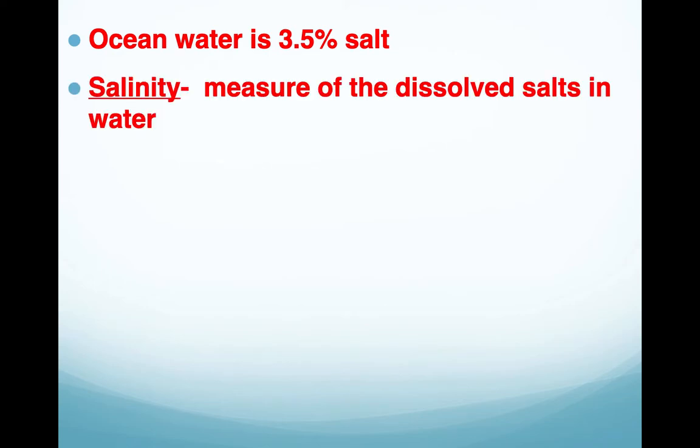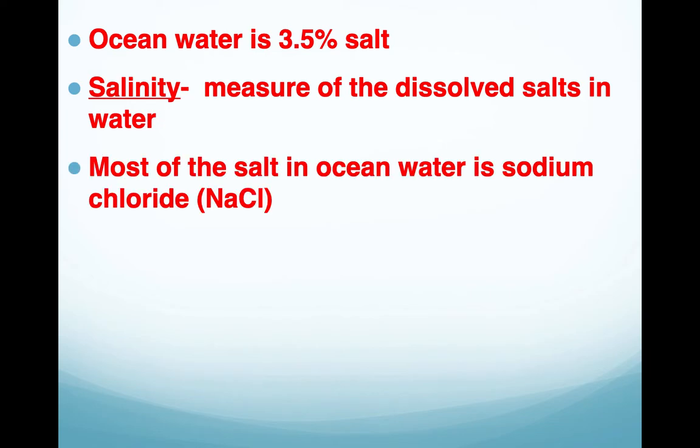Even though it tastes really salty, it's really not that salty, 3.5% salt. The measure of how much salt is in water is called salinity. So if water has a high salinity, it has a higher percentage of salt. A lower salinity means a lower percent of salt. So salinity is the measure of the dissolved salts in water.